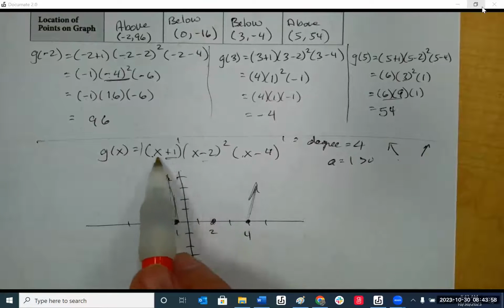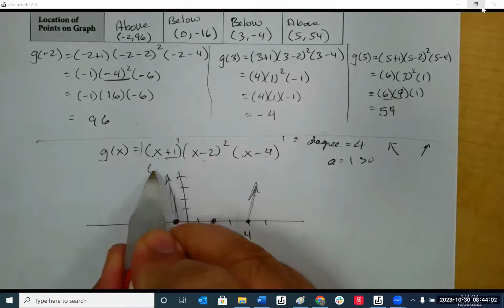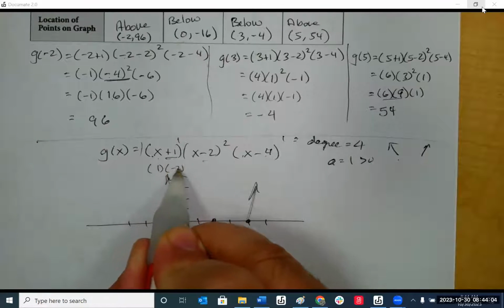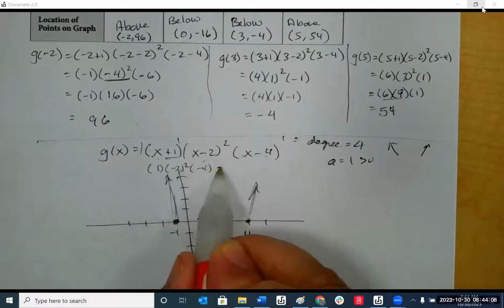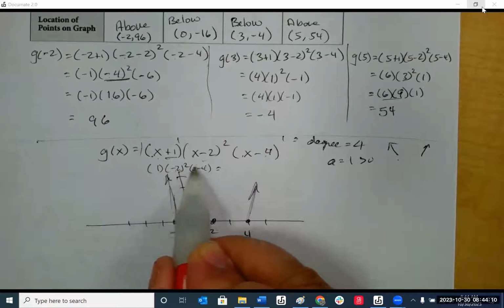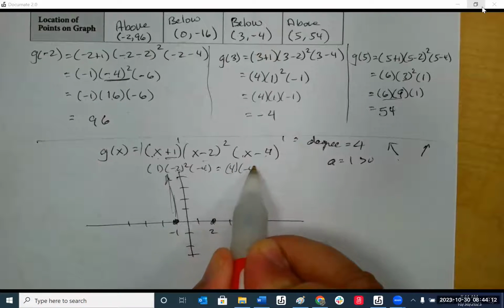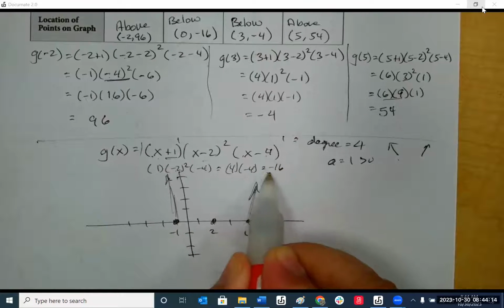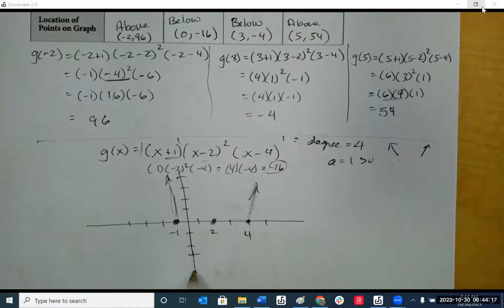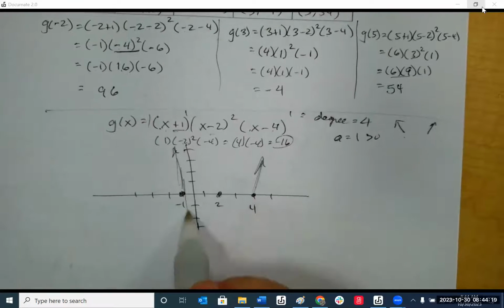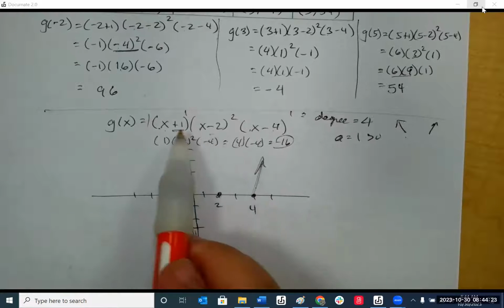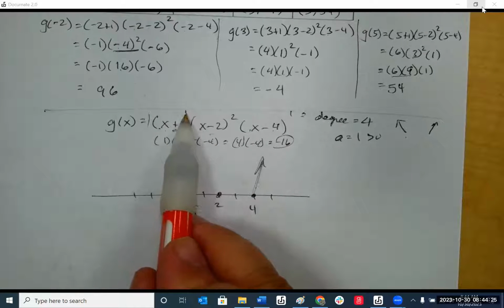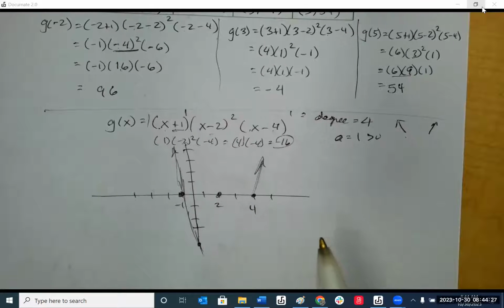Our y-intercept, if we set x equal to 0, we have +1, -2 squared, -4. So -2 squared is 4, times -4 is -16. So we know we have a y-intercept somewhere down there. At -1, we know it crosses because it's an odd multiplicity.